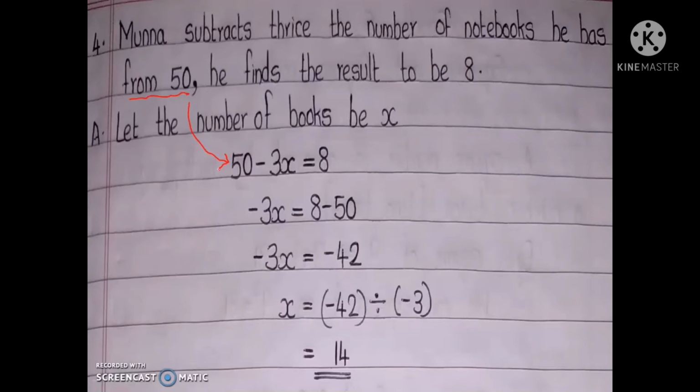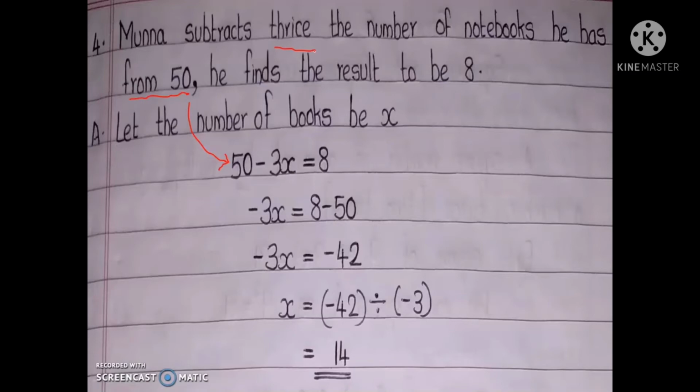So 50 minus, what are you subtracting? Thrice. What do you mean by thrice? It is 3 times. Thrice is the one word for 3 times. So 3 into x. 50 minus 3x is equal to 8.